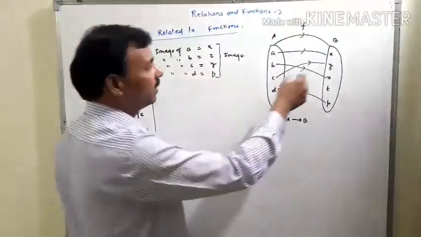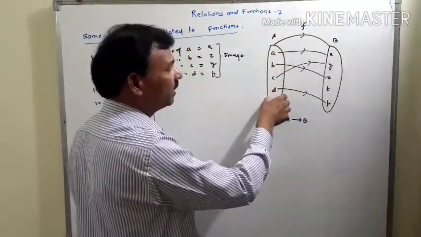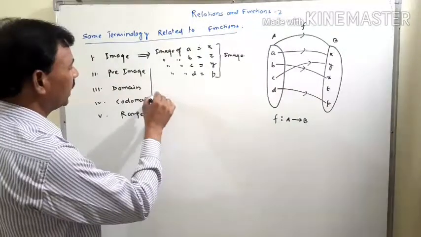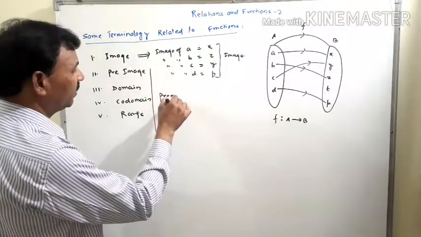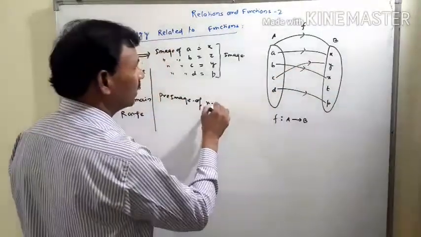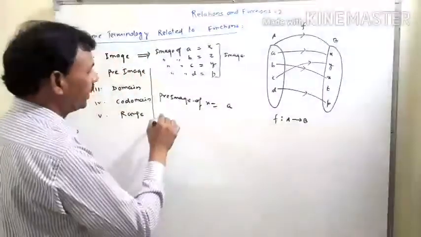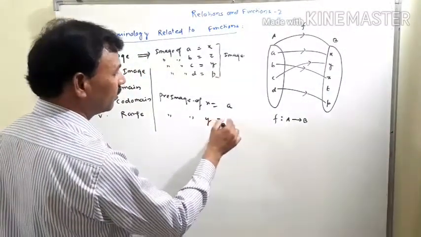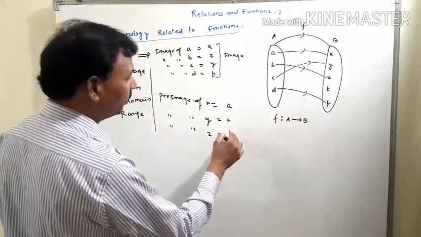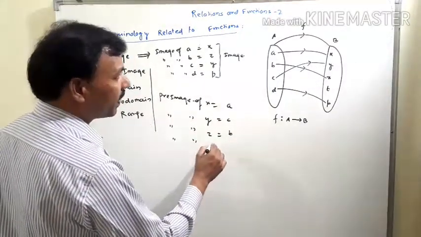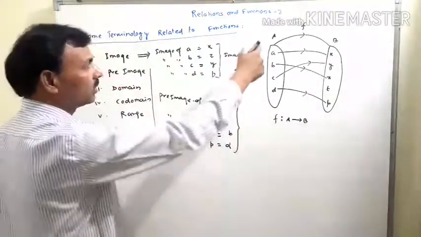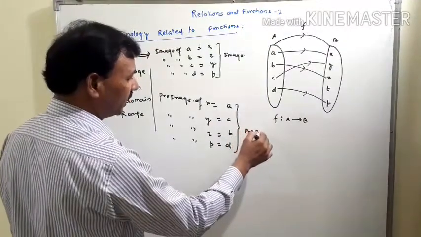Pre-image is nothing but all elements of set A related to any element of set B. That means pre-image of X is A, pre-image of Y equals C, pre-image of Z equals B, and pre-image of P equals D. These elements of set A are known as pre-image.